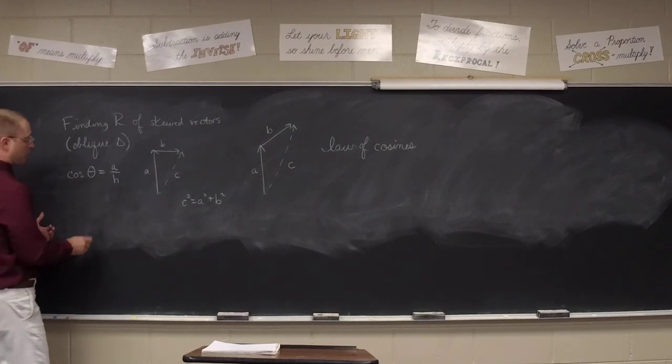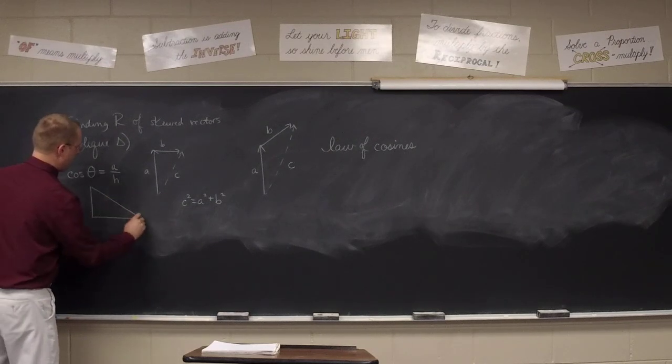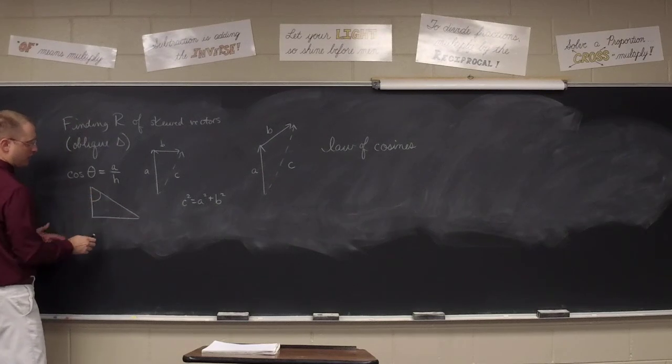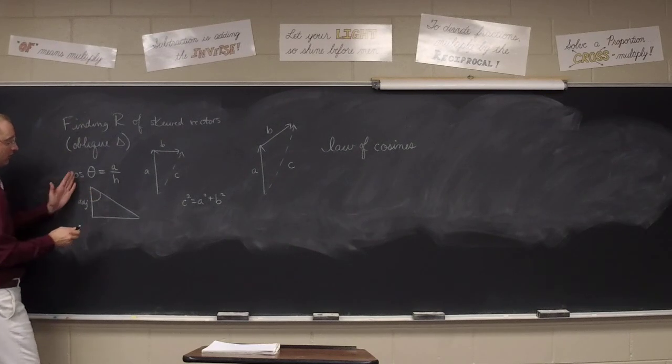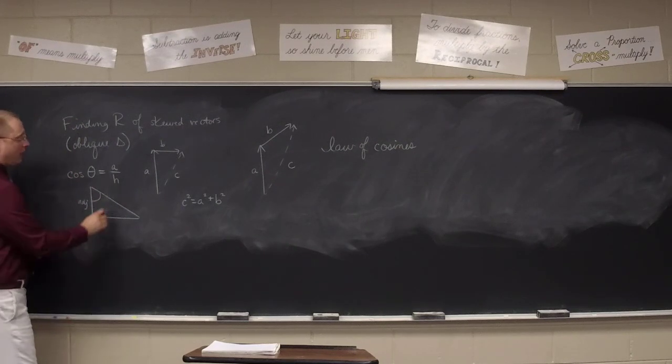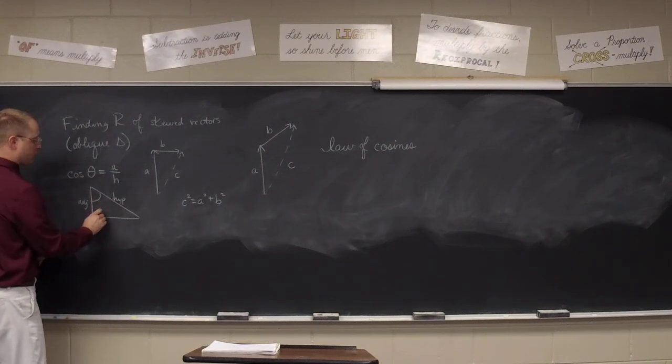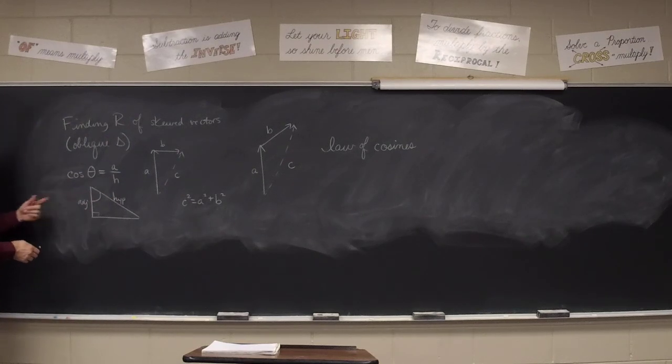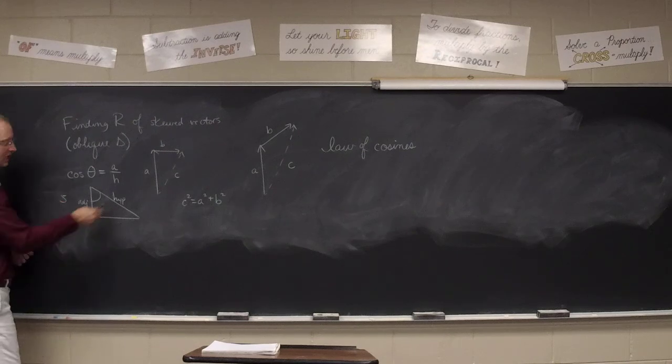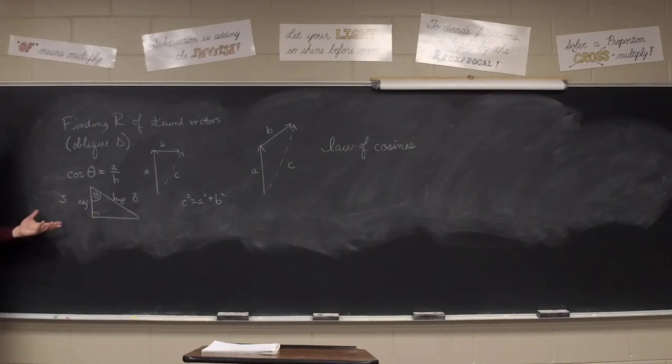But if you were to take a random triangle and look at one of the acute angles, the adjacent leg is right here next to the angle, and of course the hypotenuse is here across from the right angle. You take whatever length this is, let's just say it's 5 units, take whatever length this is, say it's 8 units, so the cosine of this angle theta would be 5 to 8. And that's all cosine is.